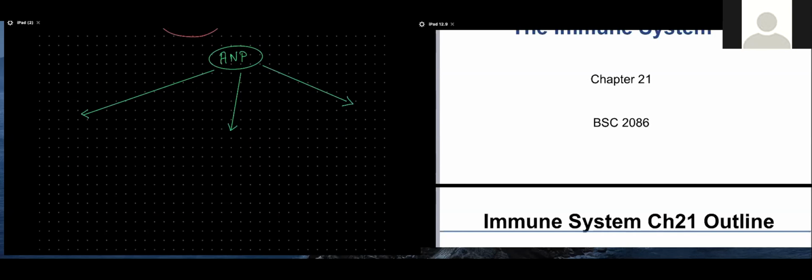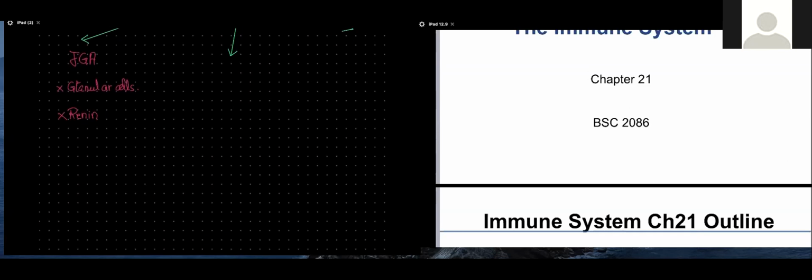First, it is going to act on the kidney, the juxtaglomerular apparatus of the kidney. It's going to be inhibiting the granular cells from releasing renin. And if I don't have renin, what's going to happen? I won't be able to produce angiotensin II.